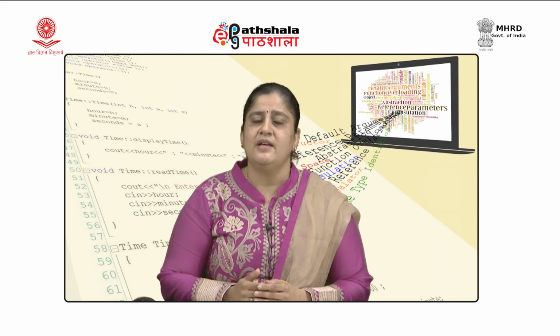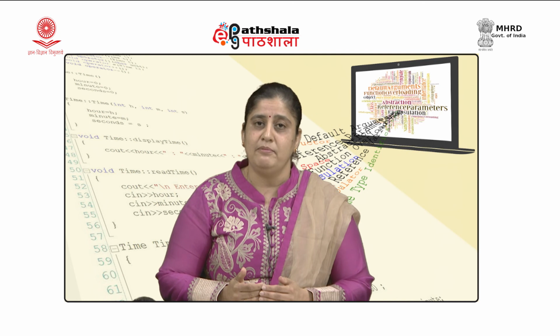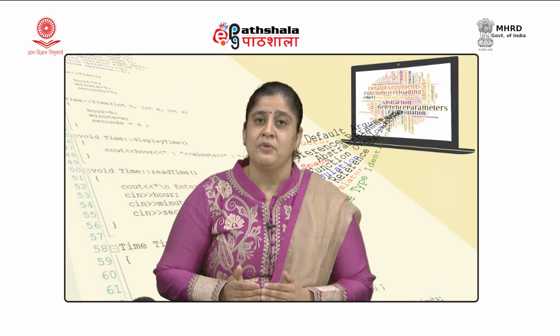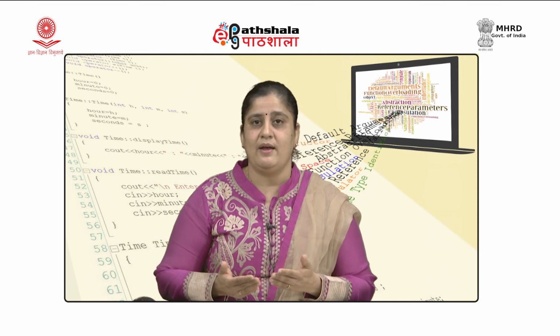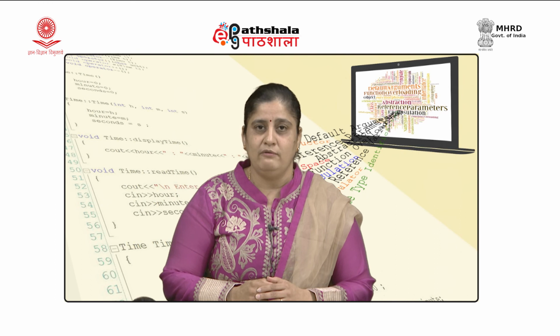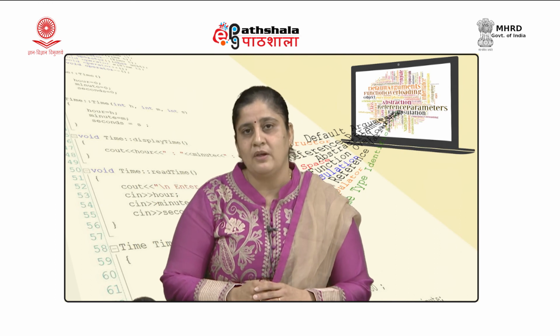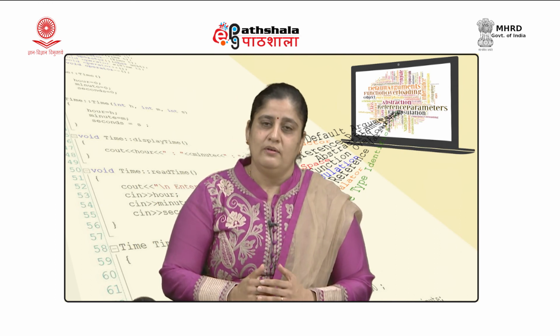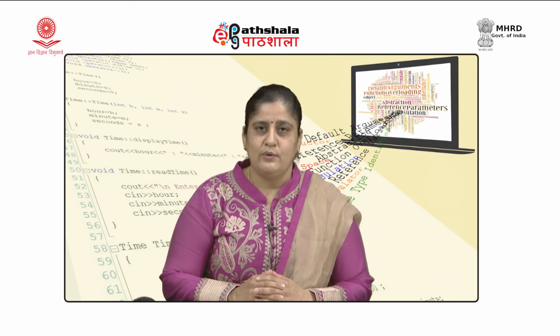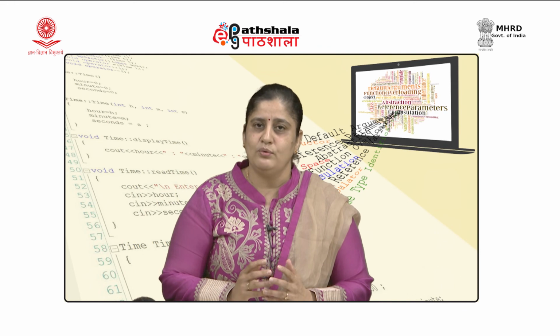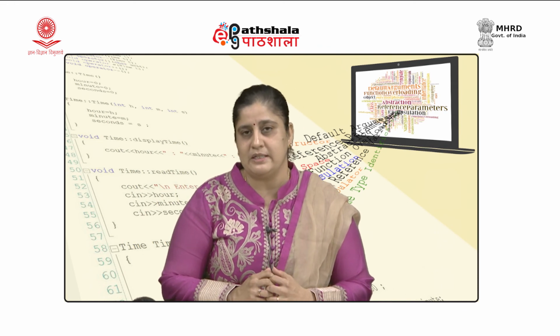But if we are able to define a data type in which this information can be stored in a more organized way, and it is easy to process that information, it would be a very good idea for us. So, most of the programming languages now allow us to create our own data type. We would see how to create our own data types in C++.